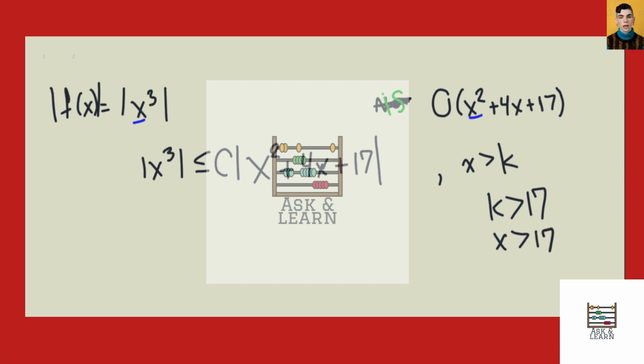And k is a lower boundary, so it's fine to do this. We'll also assume that c is greater than or equal to 0, and this is okay because the absolute value can't be negative anyway. If c were less than 0, it would change that whole relationship, right?